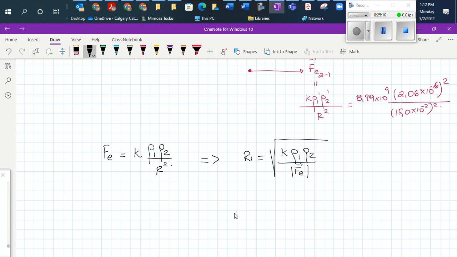So if you know the nature of the charges and you are finding the distance between the two, knowing the force that they are experiencing, then you can use this formula.